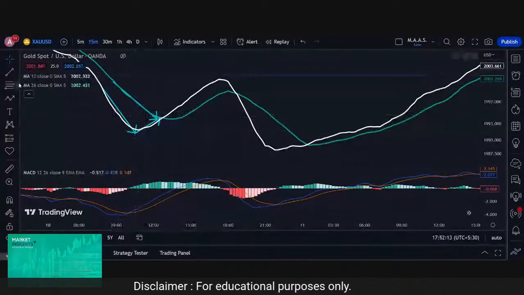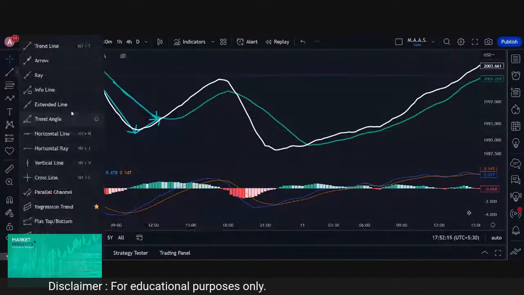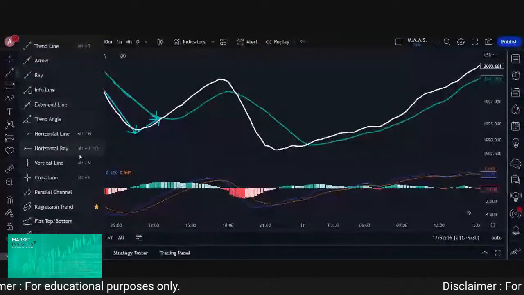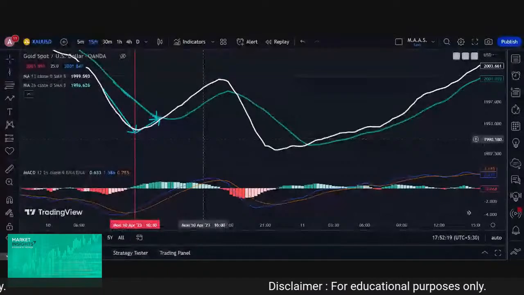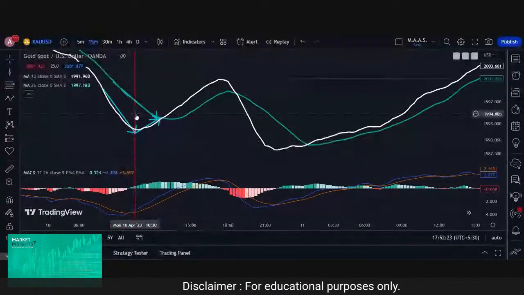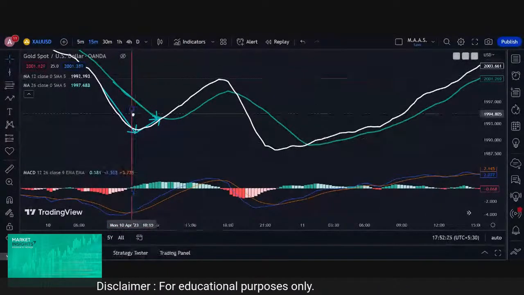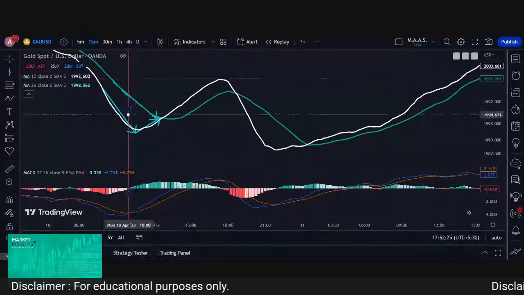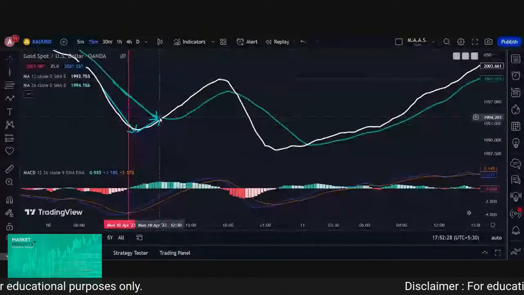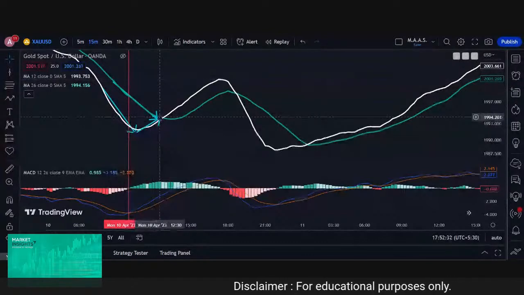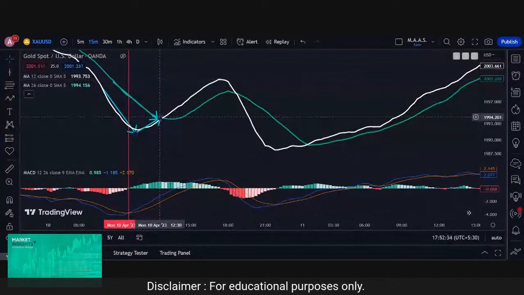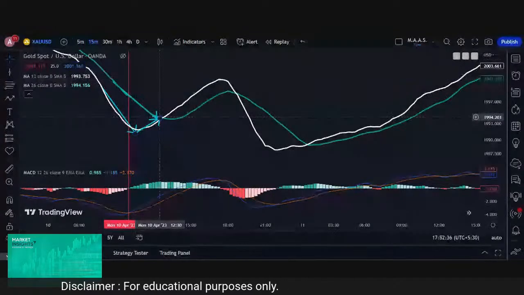So let us put up a vertical line here. Let's say from this point the convergence started, correct? If we talk about MACD, then convergence started from this point. It started taking a U-turn, and it started moving towards the green line. Now what is the white line and what is the green line?